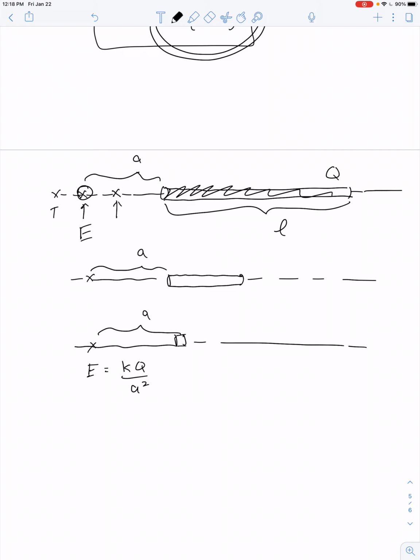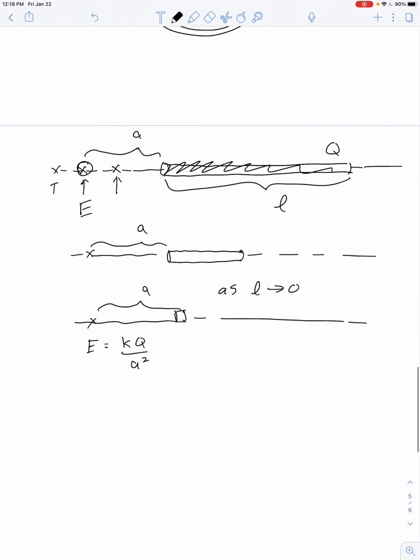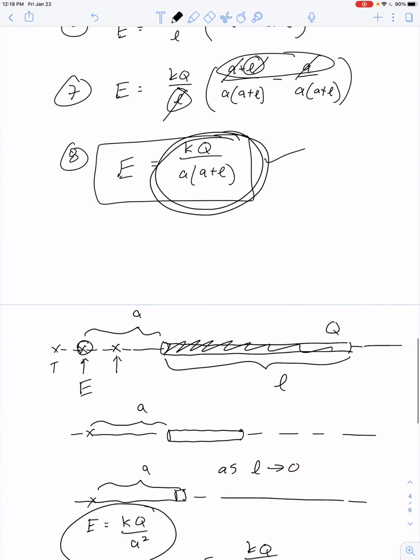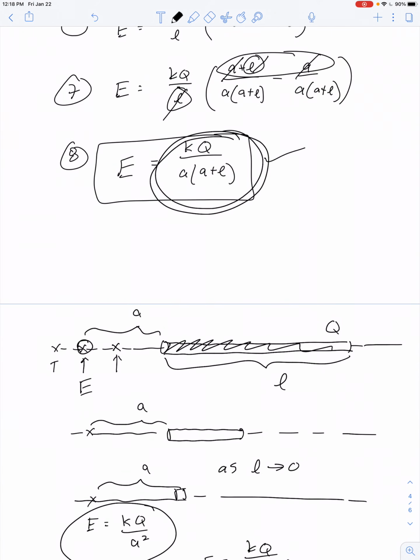Well, that's exactly what we've done. We've shrunk it as L approaches 0. And if we look at our solution that says E equals kq over a times a plus L, that's exactly what we get if we let L equal 0, right? This agrees perfectly with Coulomb's law. So it seems like we probably have a valid solution.